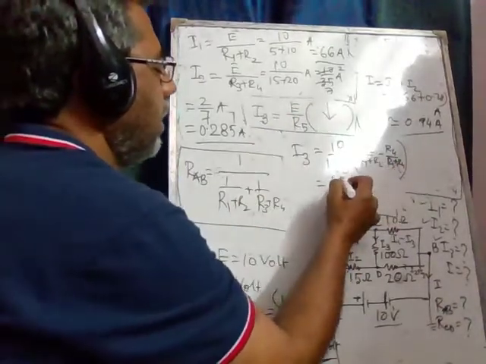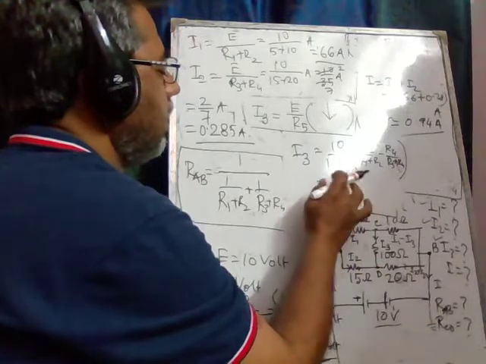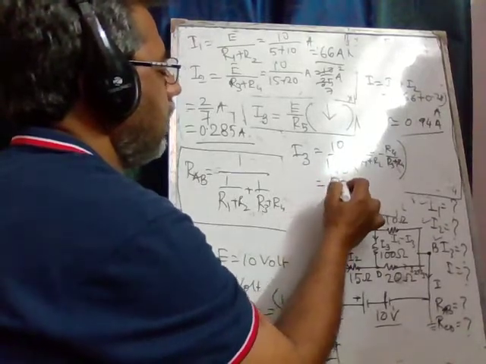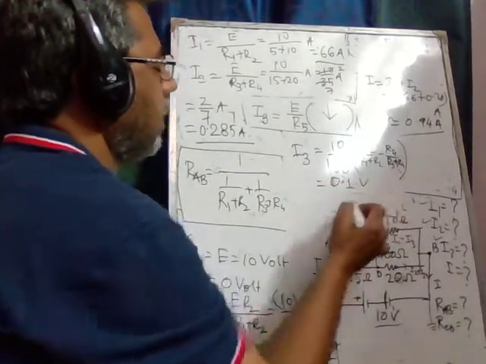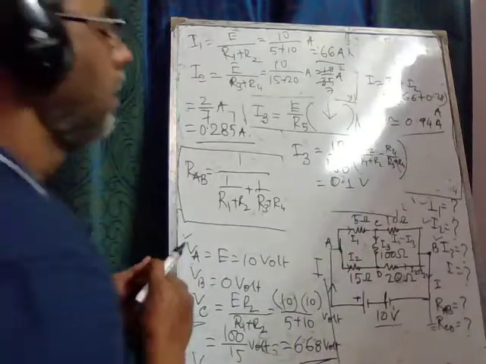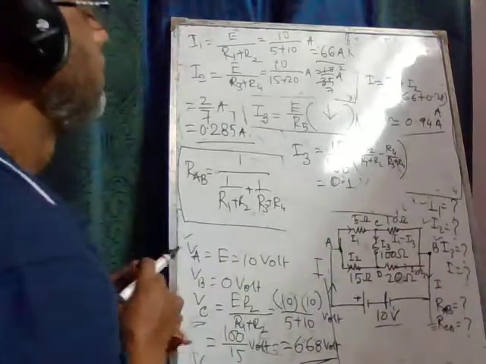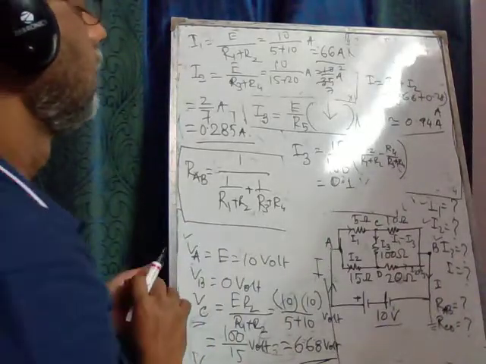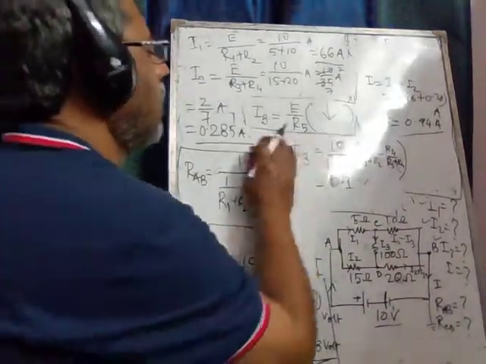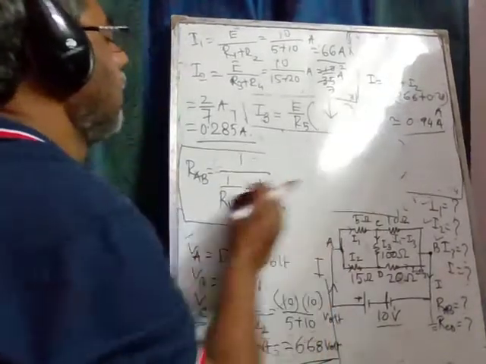So we can have this as 0.1 times actually. I am simplifying.